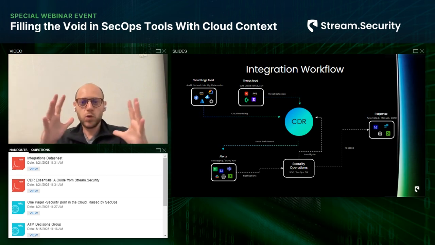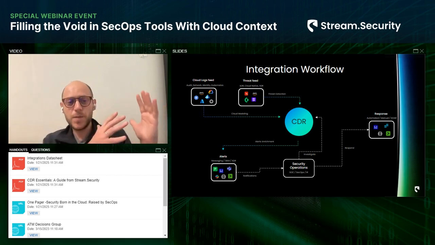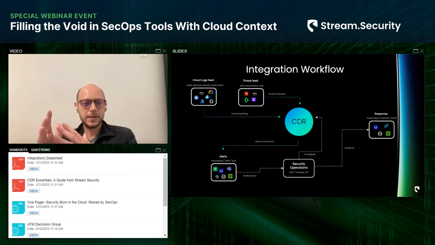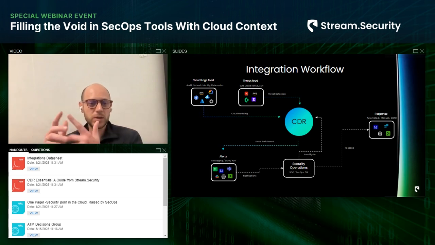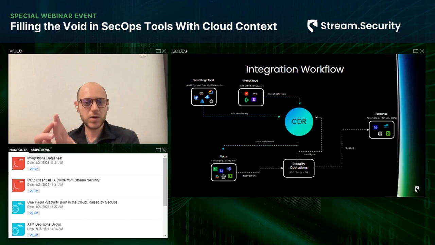Now let's look at the workflow of a CDR solution. As we mentioned, CDR will feed the logs from your cloud native applications. That might be CloudTrail logs, network logs, Kubernetes audit logs, Okta logs, Azure Entra identity logs. As well, it will integrate with your EDR and XDR solution, or maybe cloud native solutions like GuardDuty.